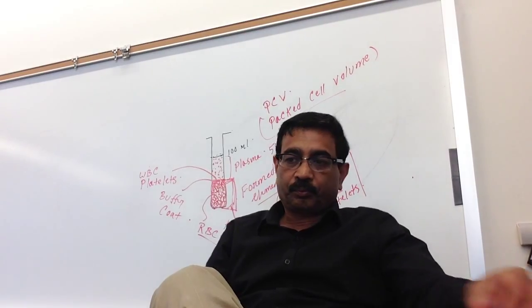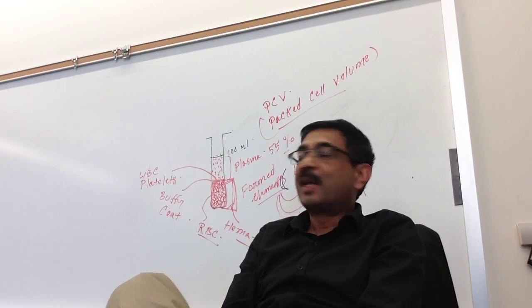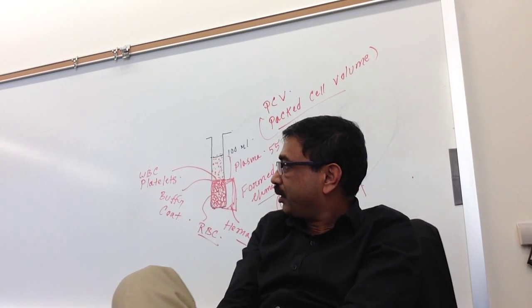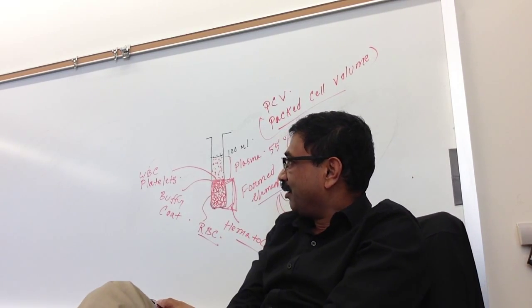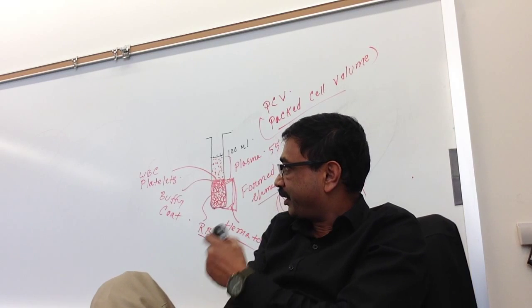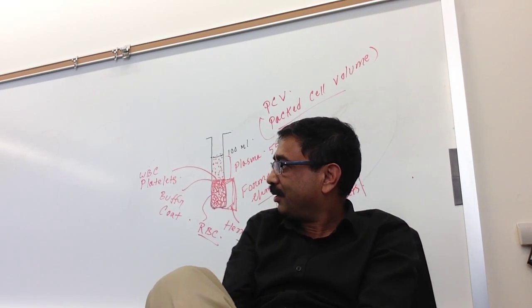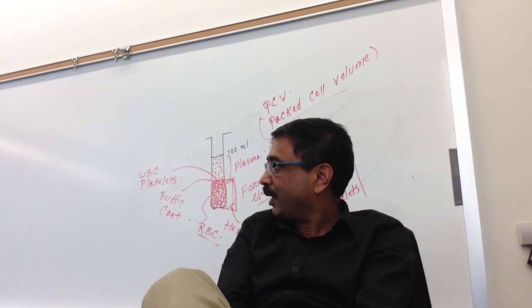So here you see this is a nice chart. It is showing different components of blood. First you see after you take blood in a test tube, if you centrifuge, you can separate the plasma, which will go to the top, and the formed elements in the bottom.